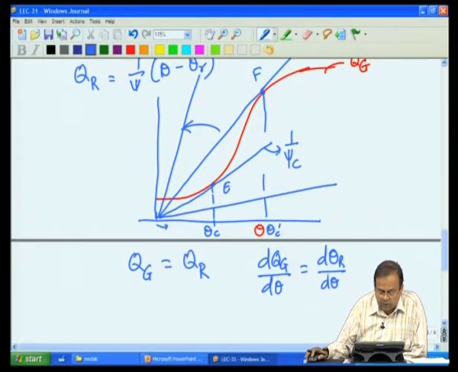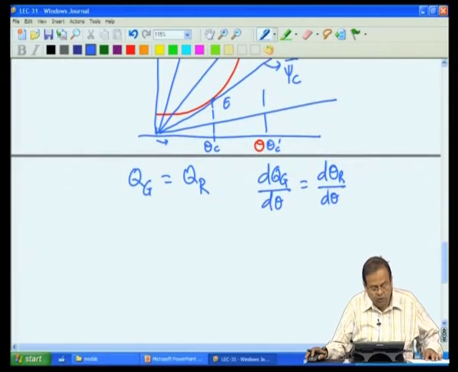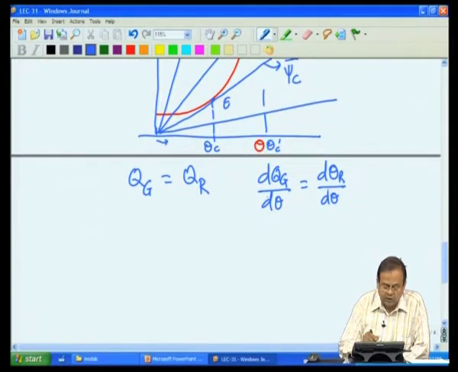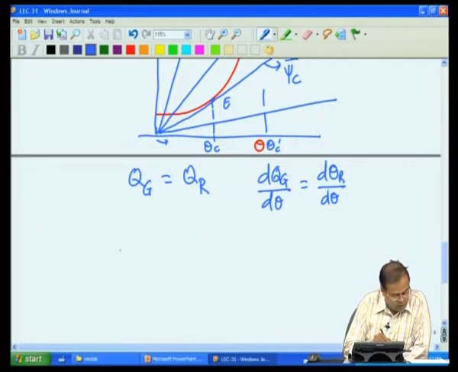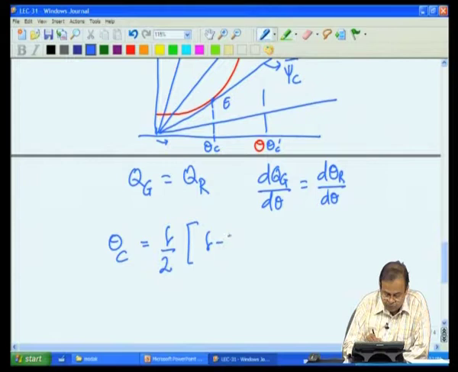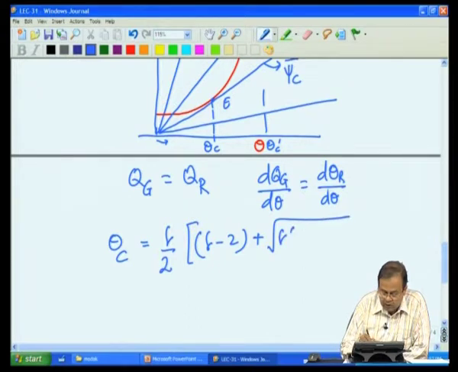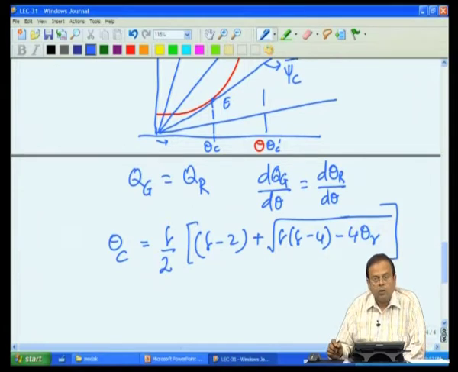theta c prime, and if we do a little bit of mathematics, this results in a quadratic equation, and we end up with theta c, for example, being gamma by 2. This parameter gamma was defined in the previous session, namely E by RT0.